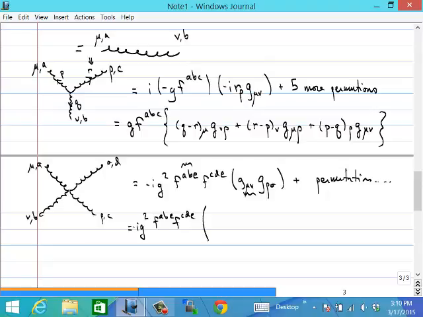So here, I'm just going to write down the answer for you. I'll try and do it a little bit more quickly, just because I don't know how illuminating it is. But you get a g^{μρ} g^{νσ} minus g^{μσ} g^{νρ}. So that's two of the possible permutations. And then you get various other terms.